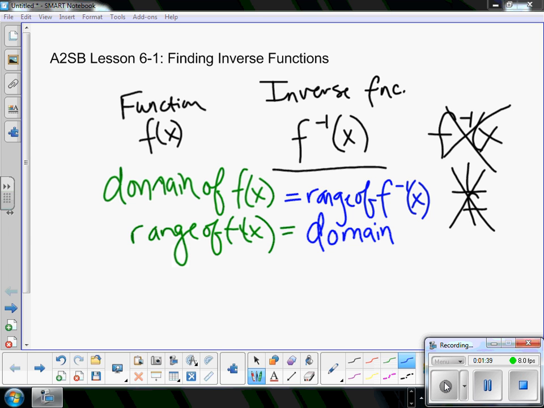So here we're talking about switching x's and y's, switching what we're putting into our function is becoming what's coming out of our function.